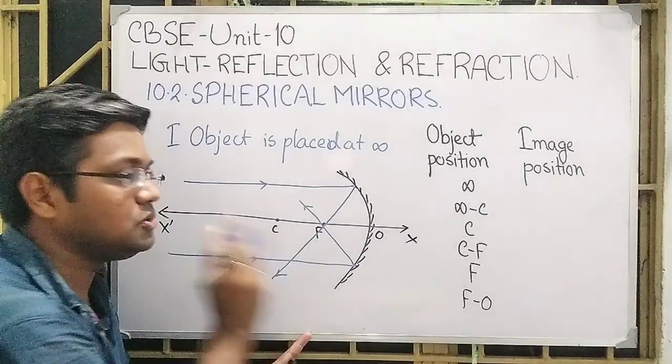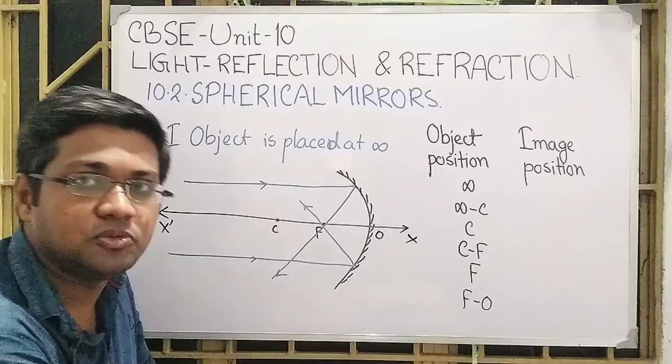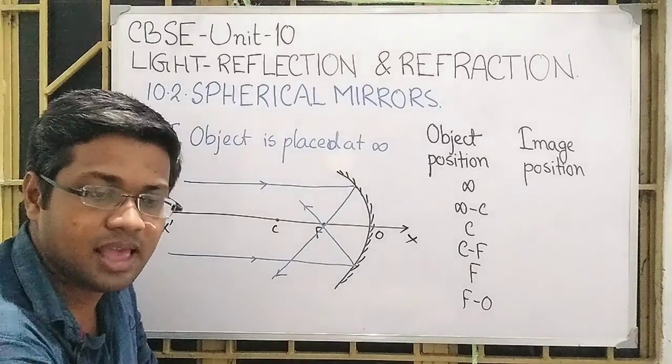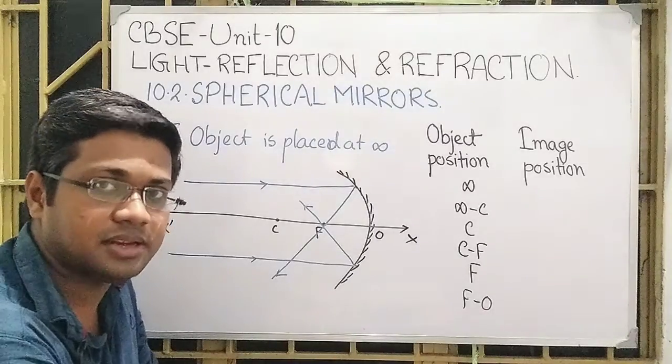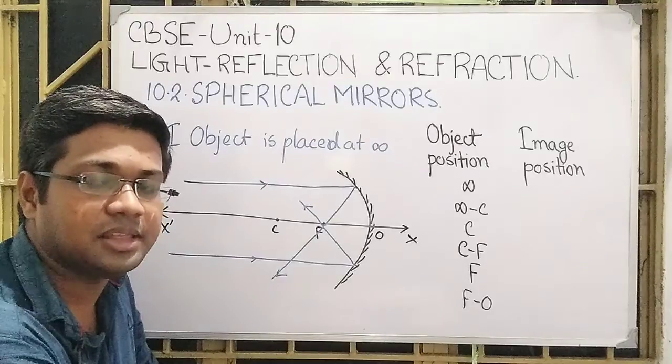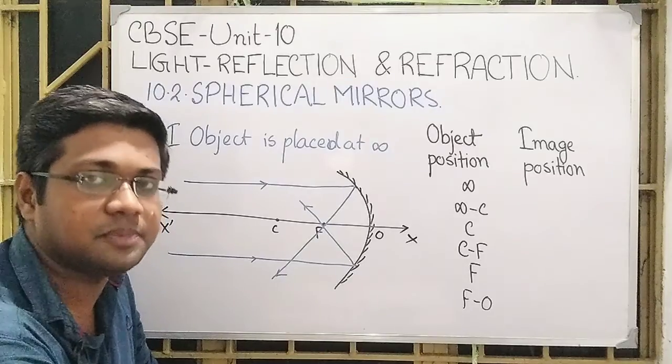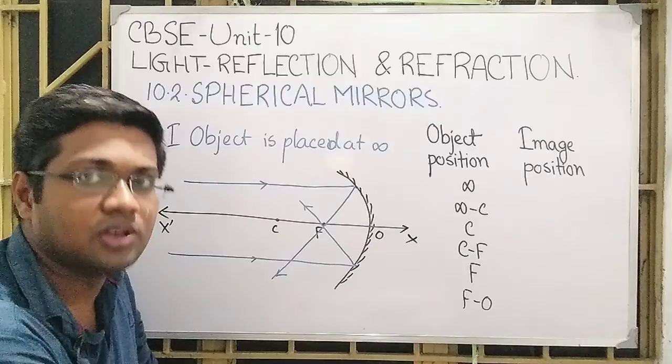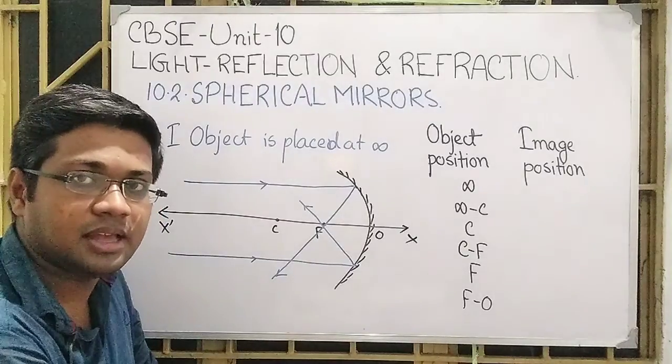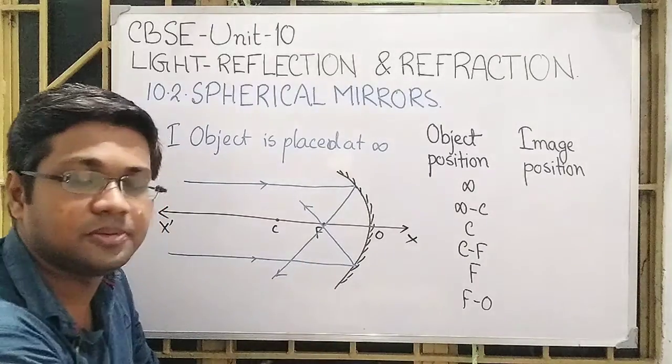Okay. So we get the intersection of the two reflected rays, and these two reflected rays intersect each other at a point on the principal axis at the focus. So where will the image be? The image will be formed at the focus.